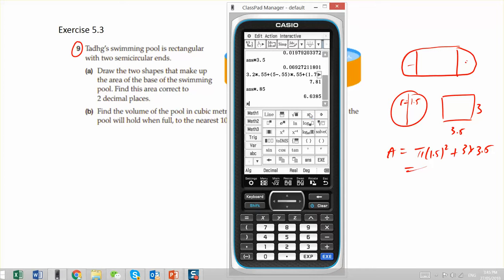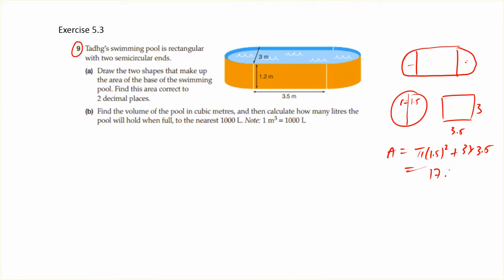Pi times 1.5 squared plus 3 by 3.5 gives 17.5686. I'm trying to save as many decimal places as possible so that I don't lose accuracy. Now, that's the area of the cross section, which is the whole thing.